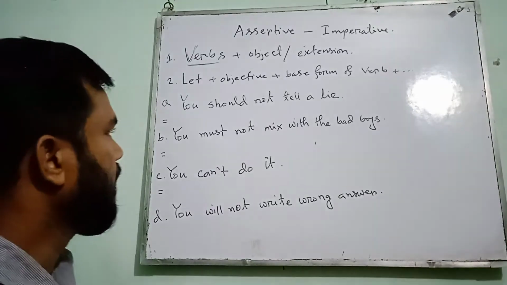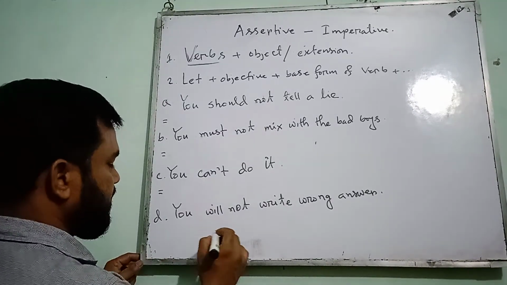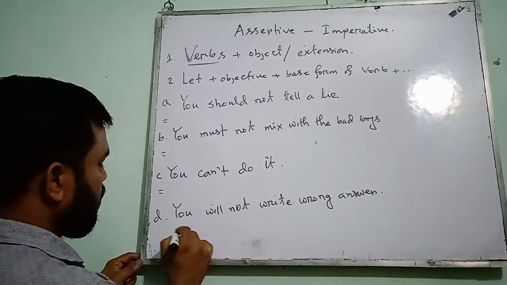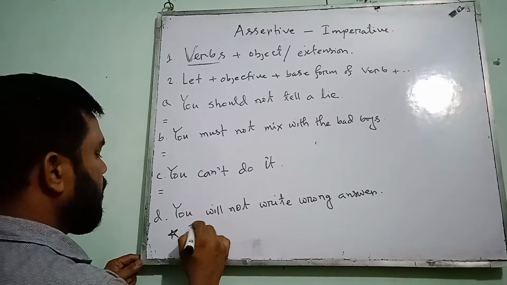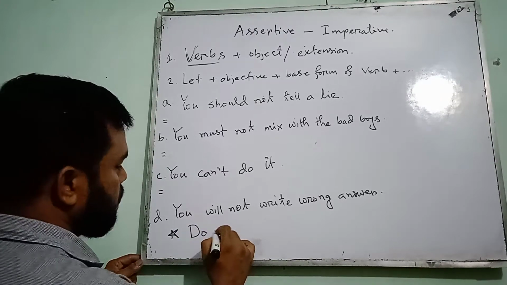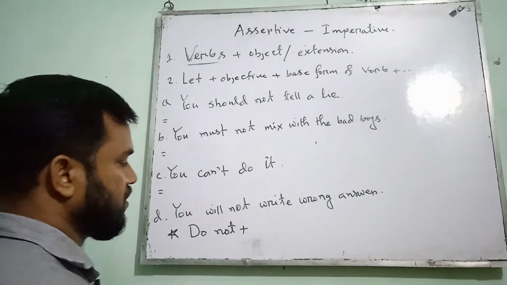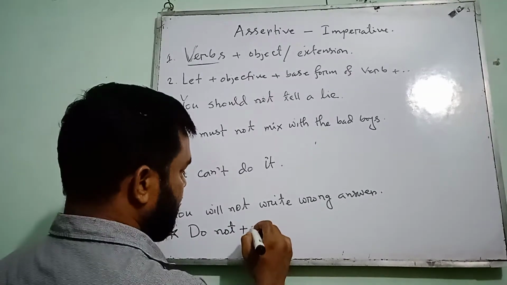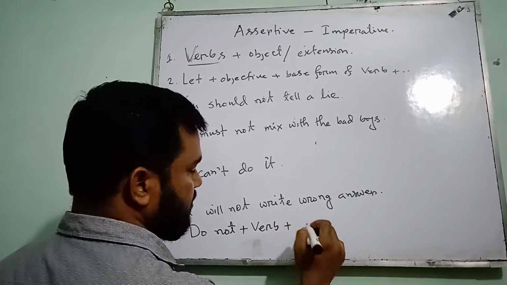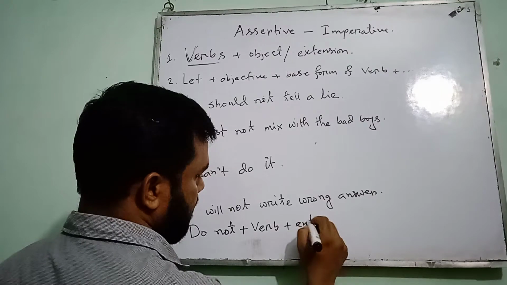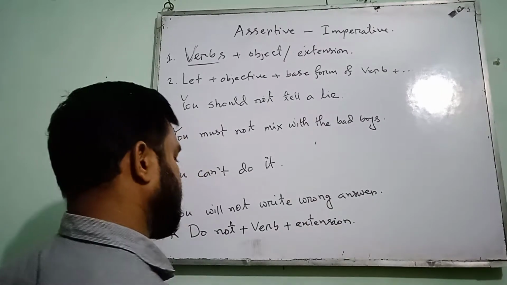And if we want to make these sentences into imperative ones, we have to use this structure. We have to write do not at the beginning of this imperative sentence, and then the verb and extension, the next word of the verb, and full stop.